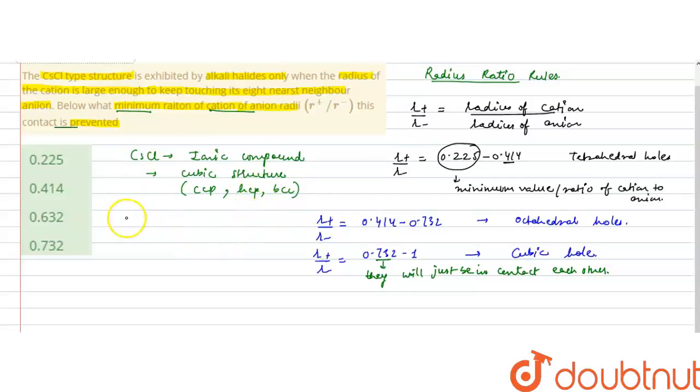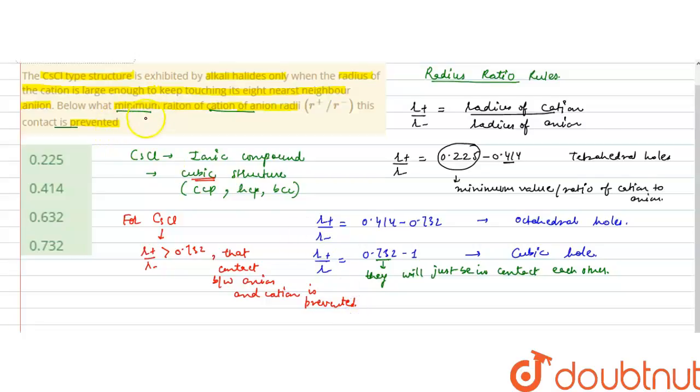It means for CsCl, as it exists in cubic structure, if this ratio is less than 0.732, the contact between anion and cation is prevented.